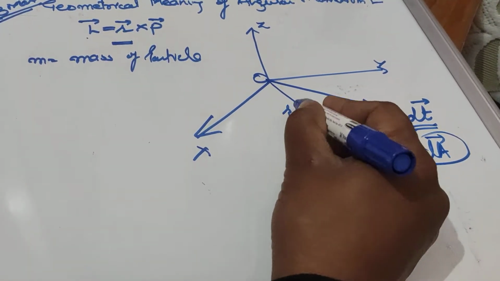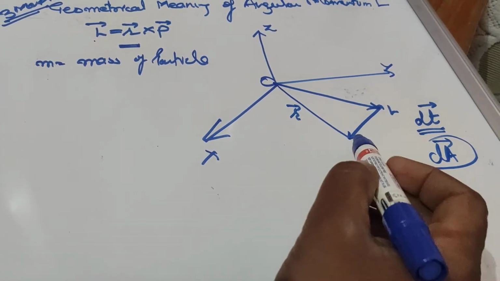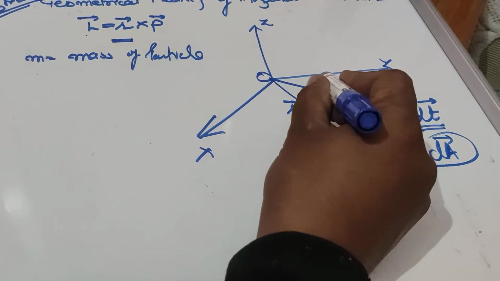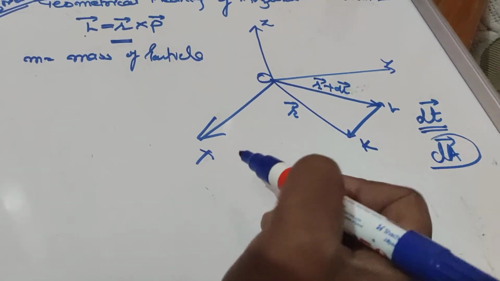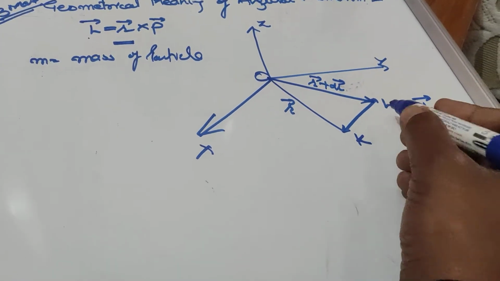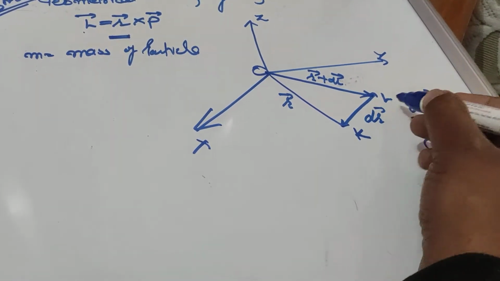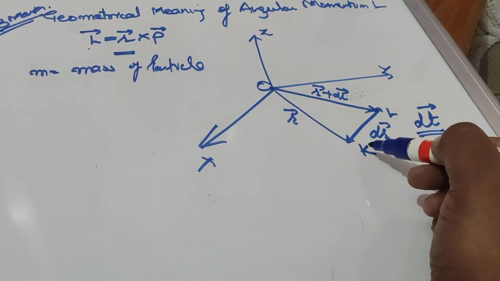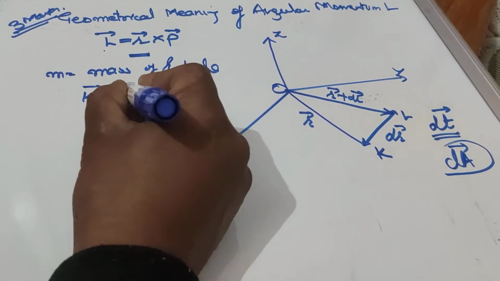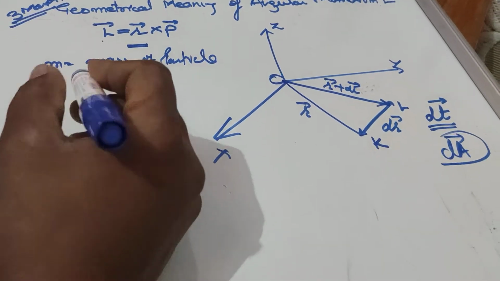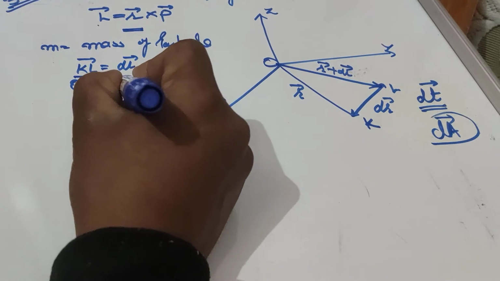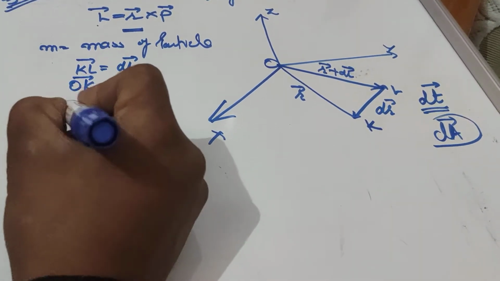Let us suppose r is the position vector of a particle when it is at k, and r plus dr, that is the position vector of a particle when it is at position L, and this is the displacement of the particle. So kl is equal to dr vector, and OK is equal to r position vector.